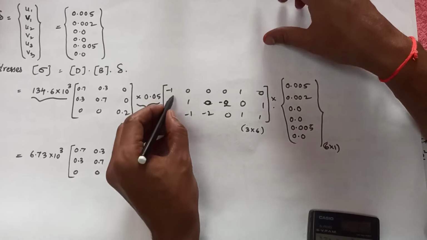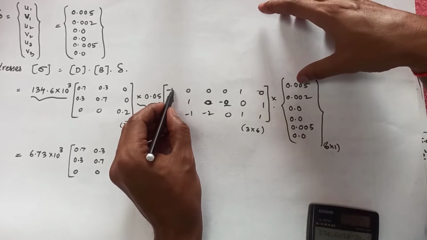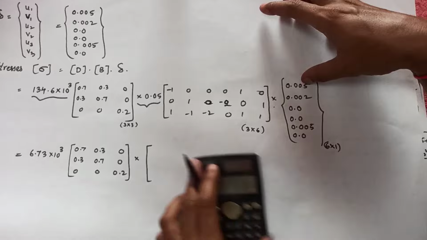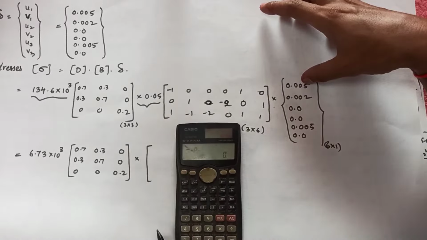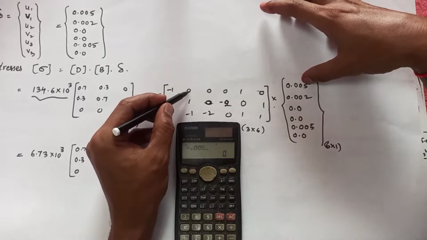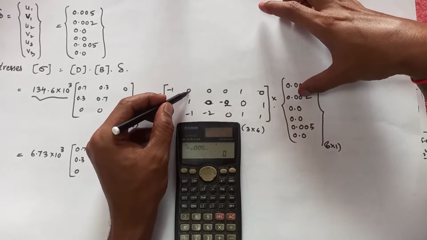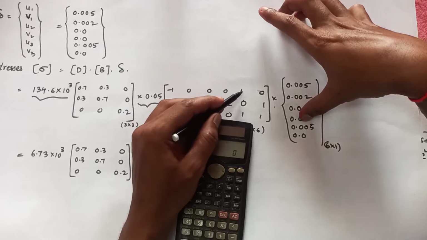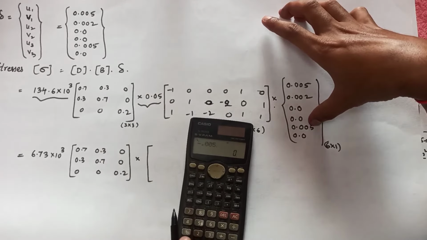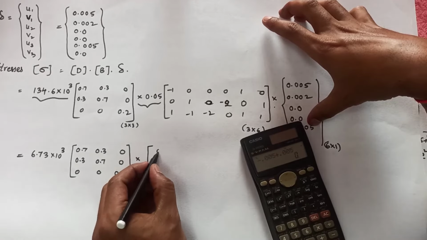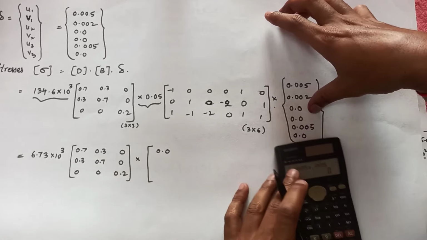So here the first row and the first column, so minus 0.005, we will get minus 0.005 into, now second with this 0.00 you will get 0, then 1, again 1 into 0.005, so plus 0.005, so you will get 0 here for the first row.